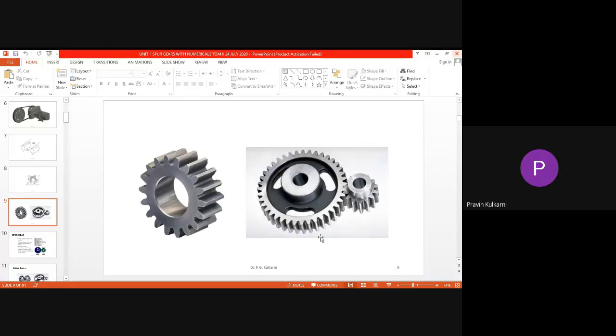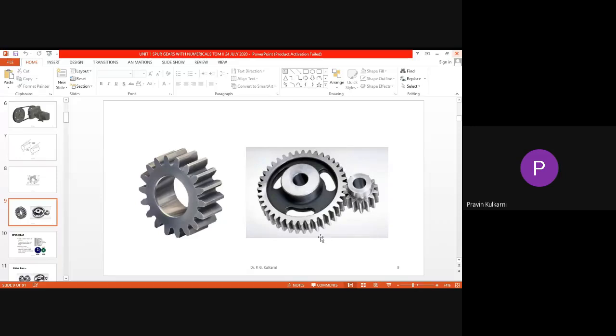So in case of spur gears, teeth are parallel to the axis of the shaft. A spur gear pair gives maximum ratio of 6. Reduction ratio of 6 is obtained using spur gears. As compared to helical gears, lot of noise is there in case of spur gears.